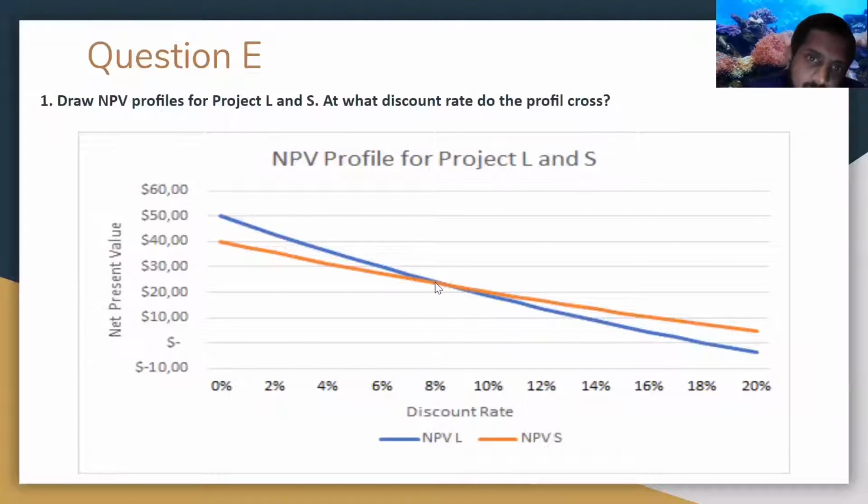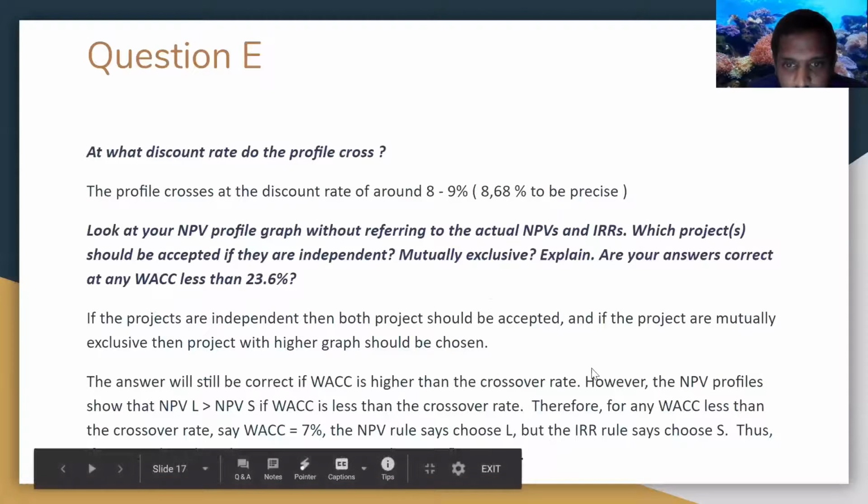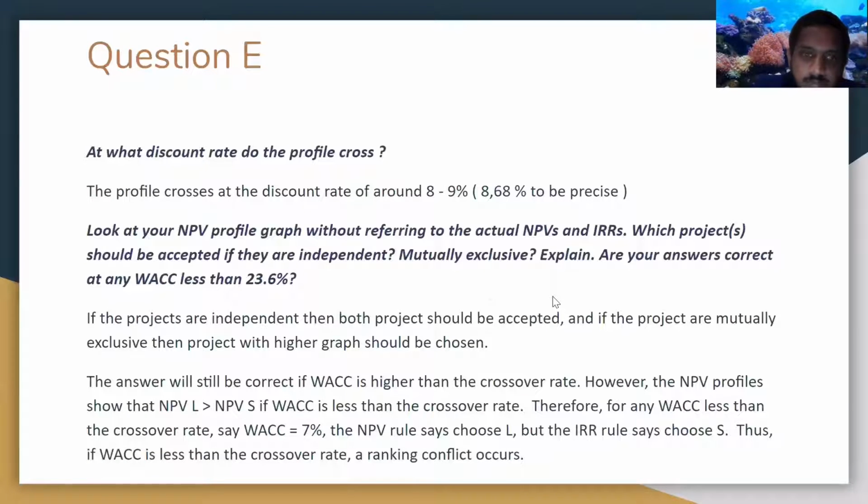If it's higher than 8.68%, then project S will be higher. So actually this condition will create a conflict because the NPV rule says choose L, but the IRR rule says choose S. Therefore, if the WACC is less than the crossover rate, it will make a conflict. Then my friend Hans will continue.